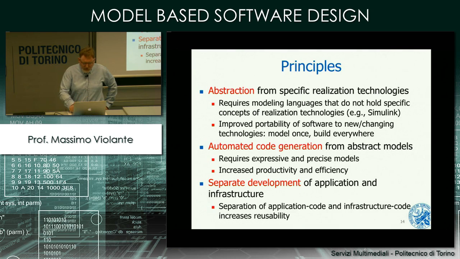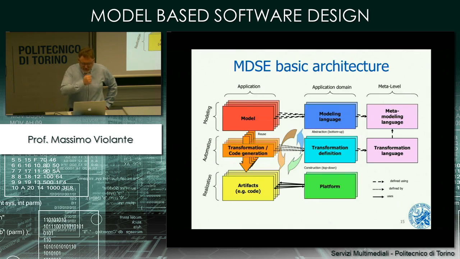First of all, let me show you the basic architecture that is supporting our considerations. So, our goal is to build an application. The application is conceived through a model.